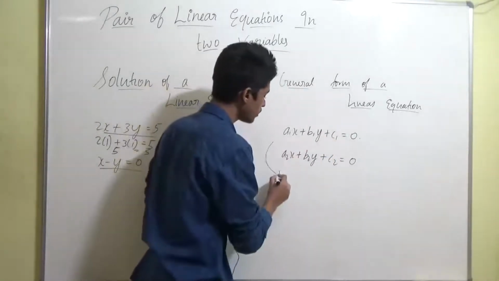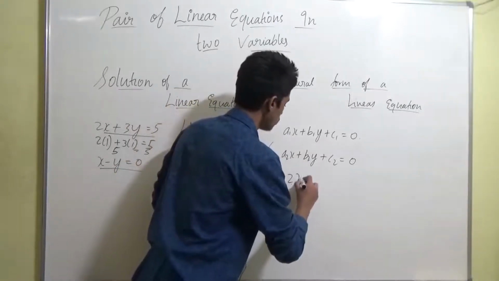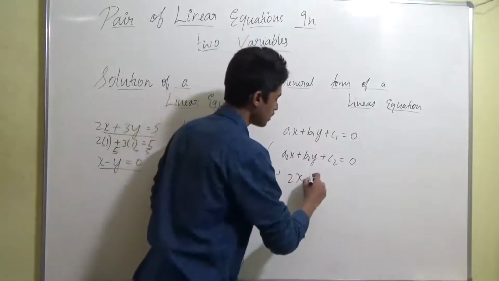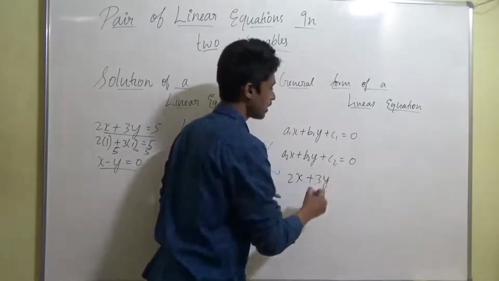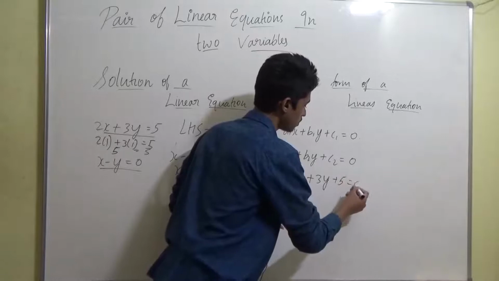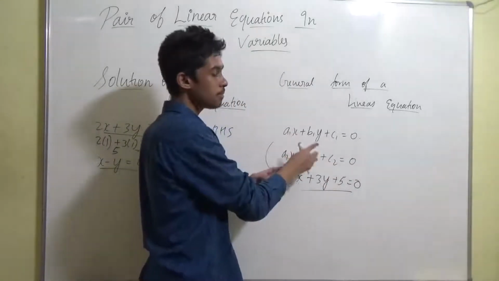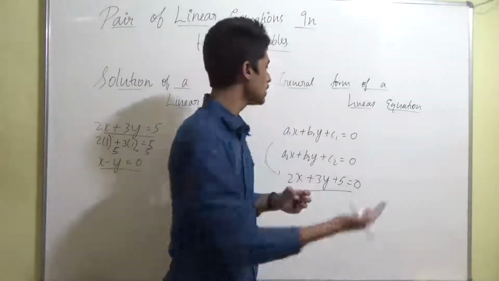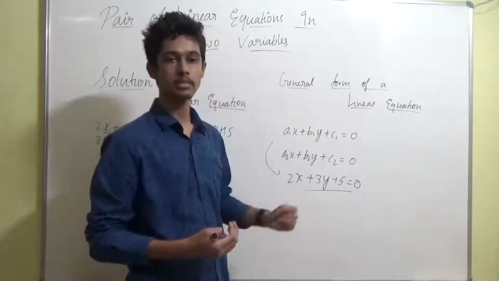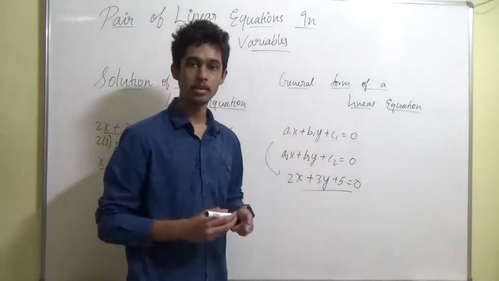For example, in one equation the value of a1 can be 2, so it becomes 2x, and the value of b1 can be 3, so it becomes plus 3y, and the value of c can be 5, so it becomes plus 5 equal to 0. This can become one equation. If you replace a1, b1 and c1 with numbers, you will get an equation, guys. So this is the general form of a linear equation.